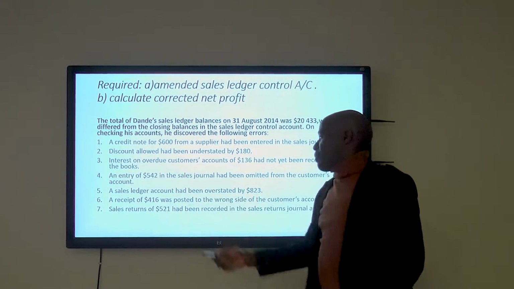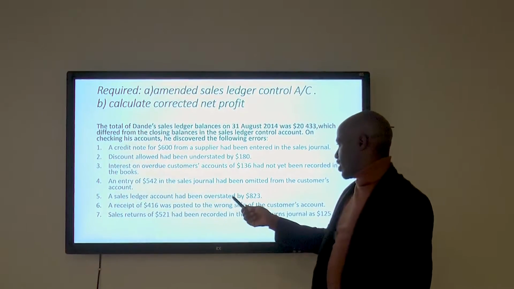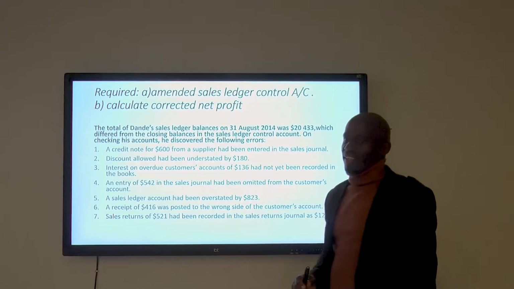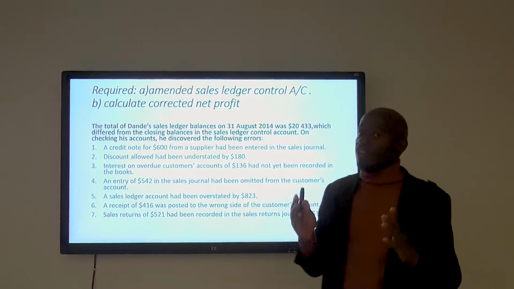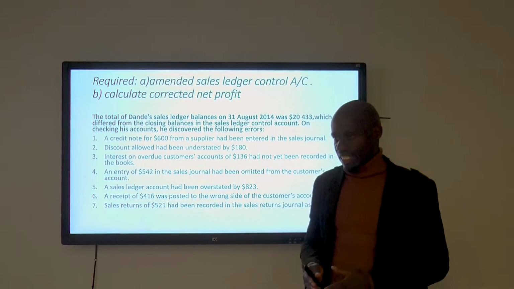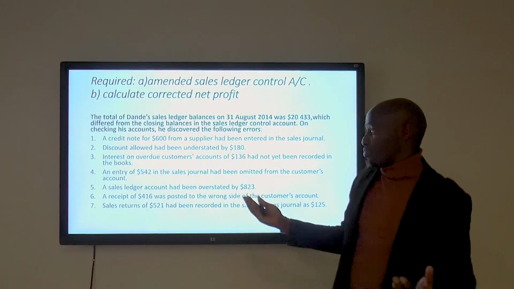Right. Error number 4. An entry of 542 in the sales journal had been omitted from the customer's account. Where do we find the customer's account? We find it in the sales ledger. So the sales ledger balances are what we call the list of balances.